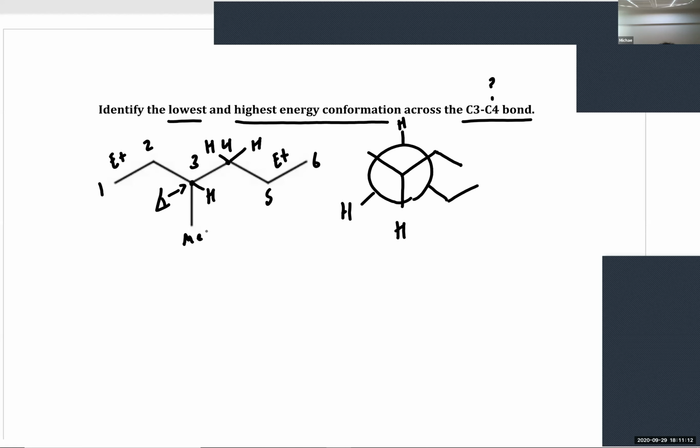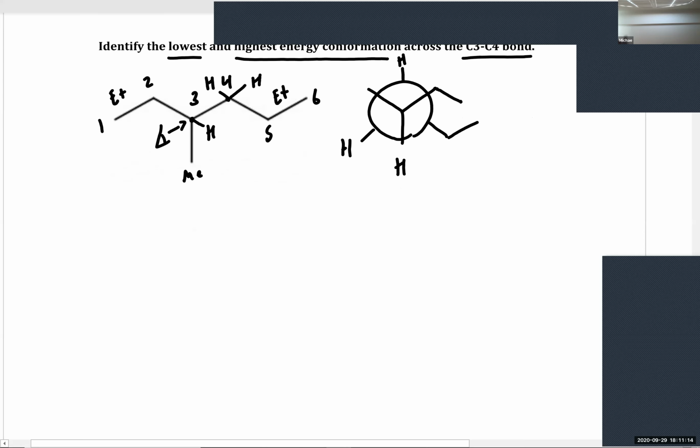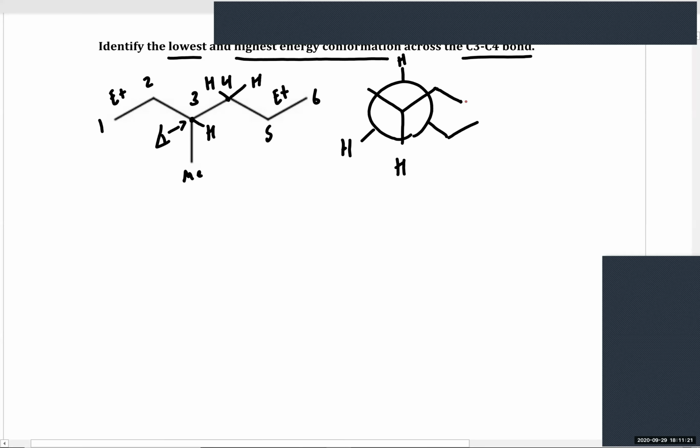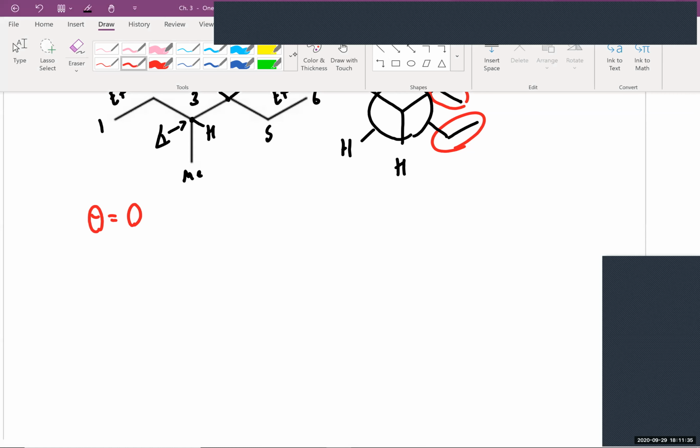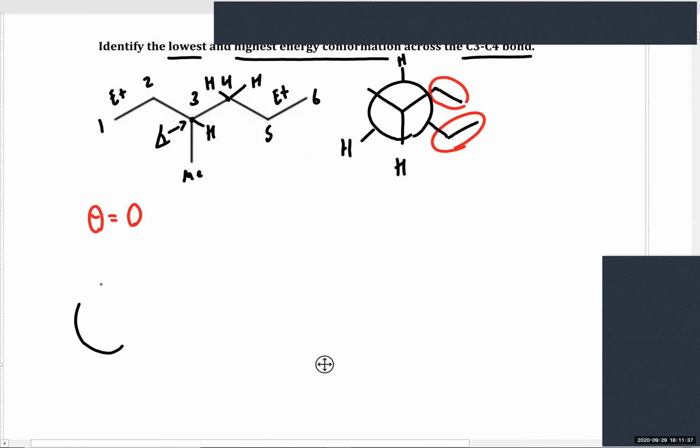Okay, so now we're going to identify our bulkiest substituents. I'm going to circle my ethyl groups as they're my bulkiest substituents. And I'm going to look at energy as a function of dihedral angle, comparing these bulky substituents. I'm going to draw a conformation where these bulky substituents have 0 degrees of separation between them.